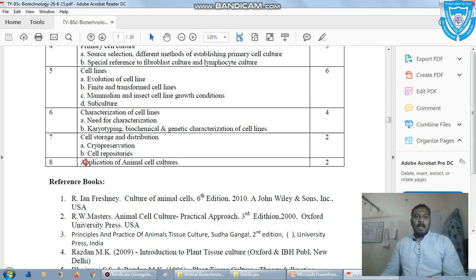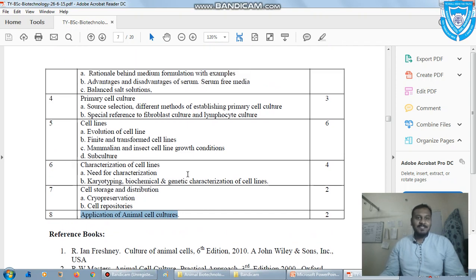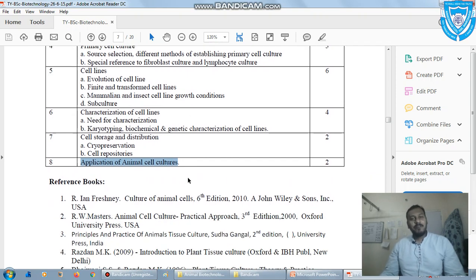The next thing is applications of animal cell culture. In our lectures we are going to start with actual applications, and then you will come to know what we are actually doing in animal tissue culture. It's the last topic, but I think it's the most important, because this is why we are learning animal tissue culture.